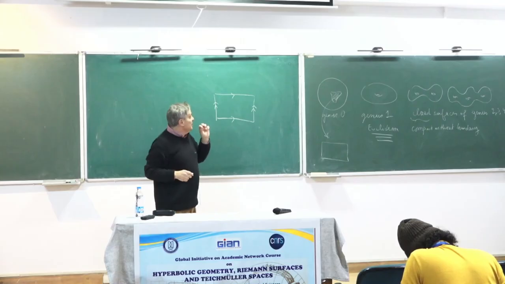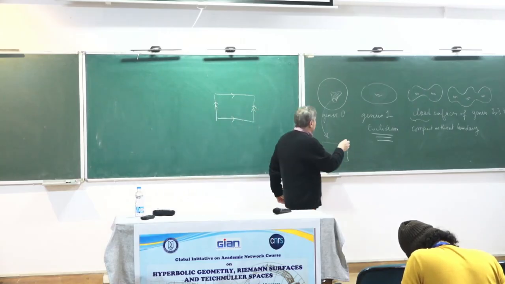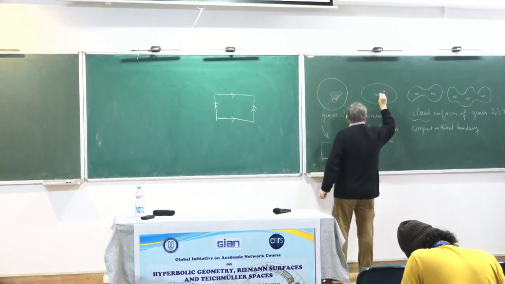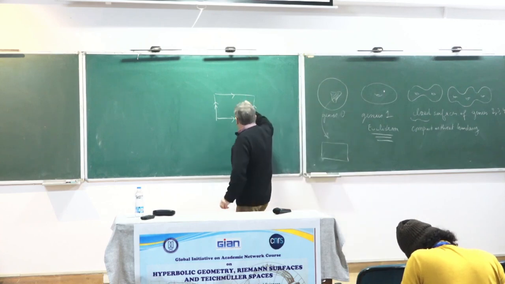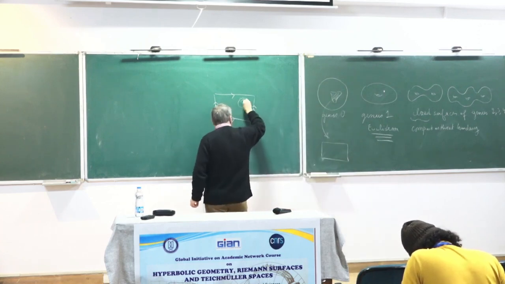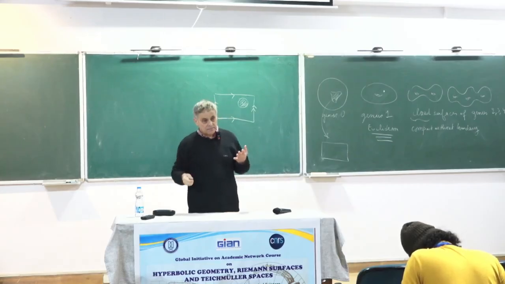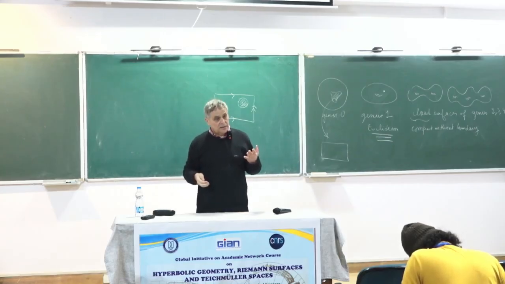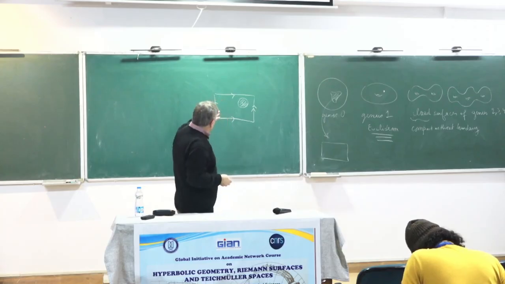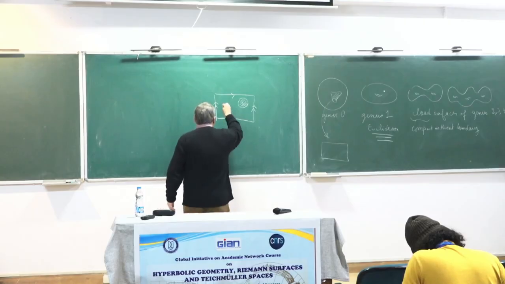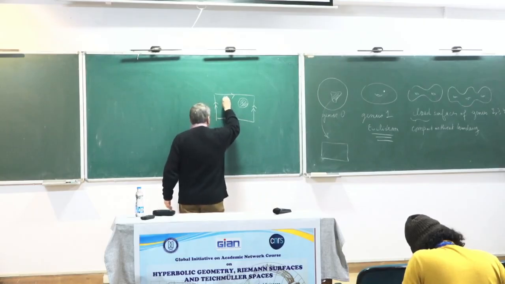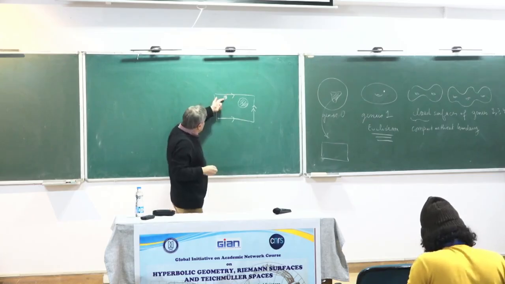It means that each point on this surface, so let's see a point here, has a small disk around it, which is the Euclidean plane. Okay. So I drew this. Every point here has a disk around it, which is the Euclidean plane.